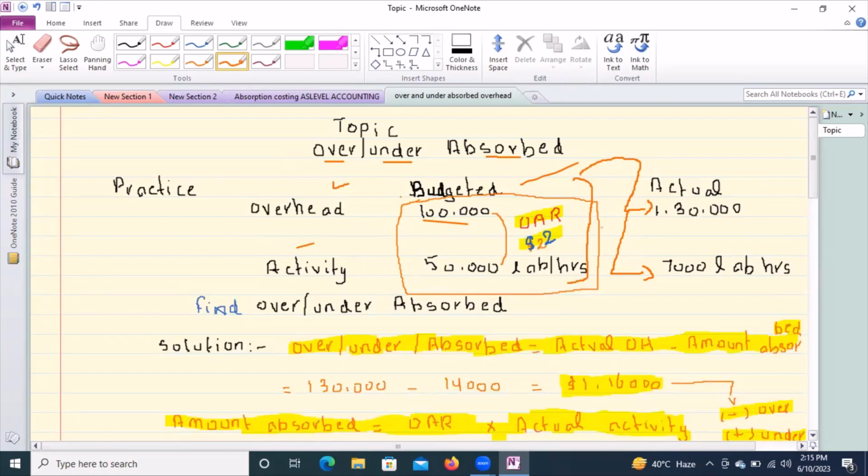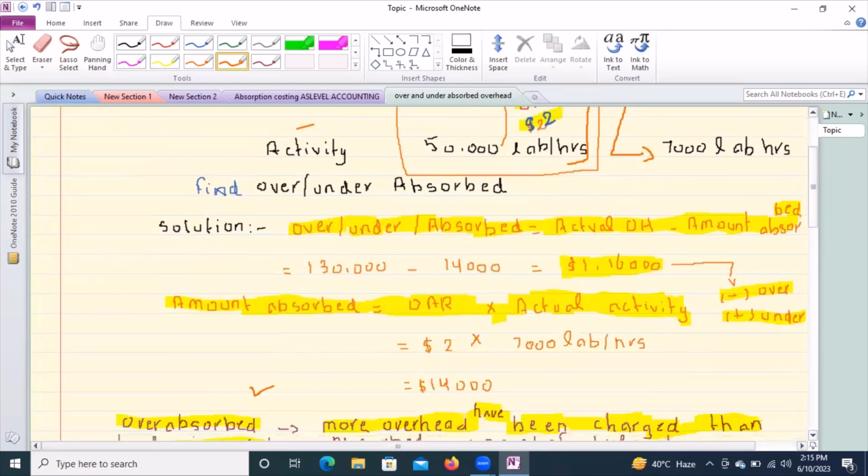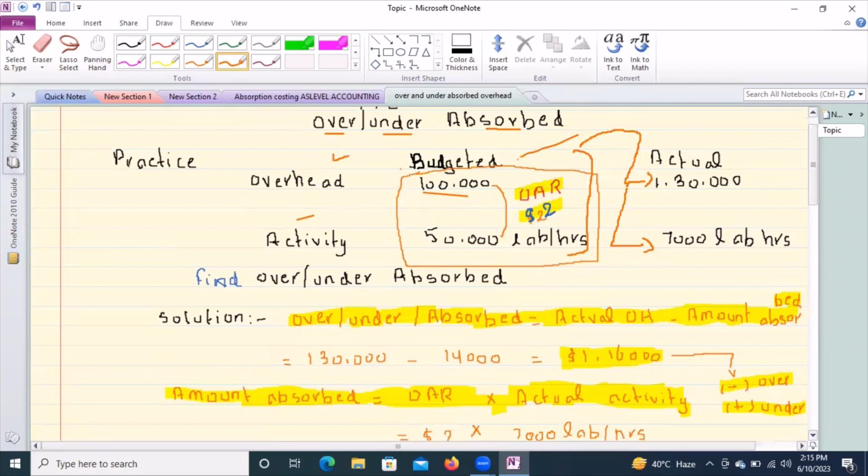We have a formula for this. The examiner would give you these four amounts, like the budgeted overheads and activity level, and actual overheads and actual activity level. The examiner will ask you to find the over or under absorbed overheads.